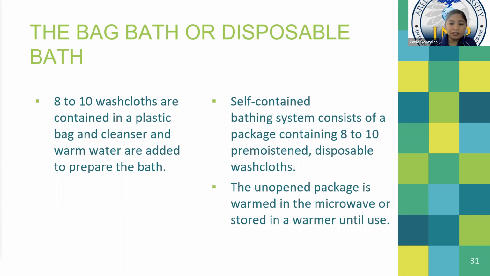This self-contained bathing system is pre-moistened. So again, it's disposable. The first washcloth will be used to wipe the patient's face. The next washcloth would be for the right arm, then the next washcloth for the left arm, until it covers the entire body.